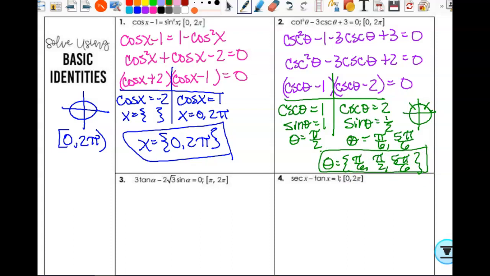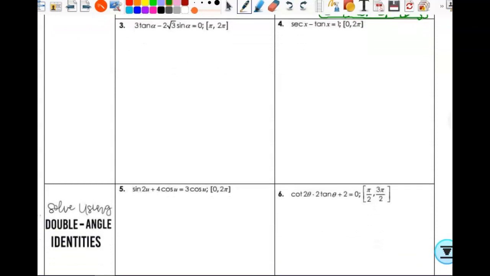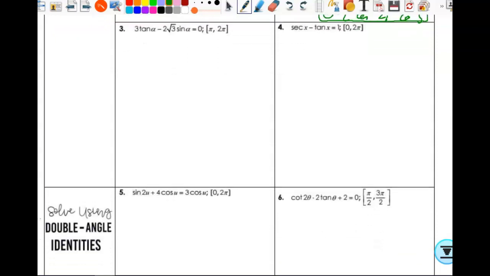What questions you got? We good so far? Okay. So number 3 is not a quadratic, so we're not going to work it that way, but I need to do something here because I have a tangent and a sine, and again, I'll explain to you when we can mix them and when we can't, but this is another time where we can't.